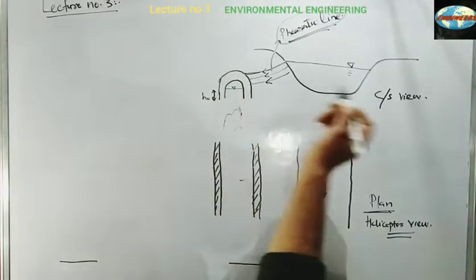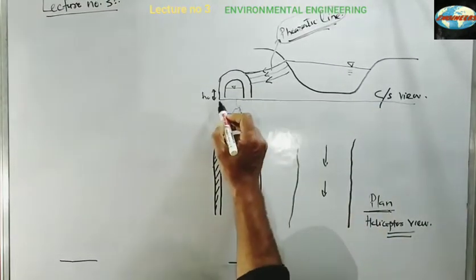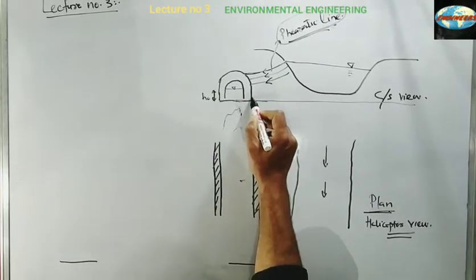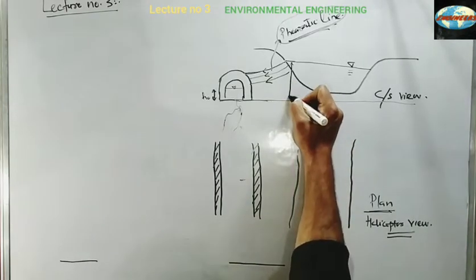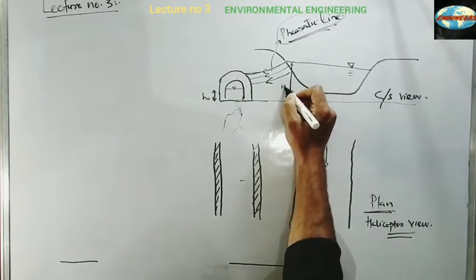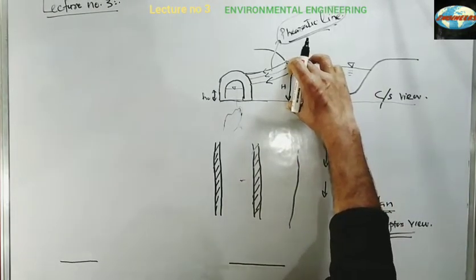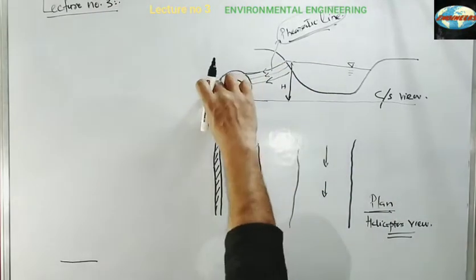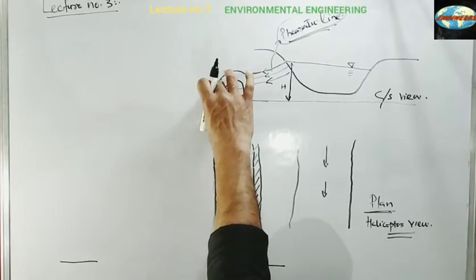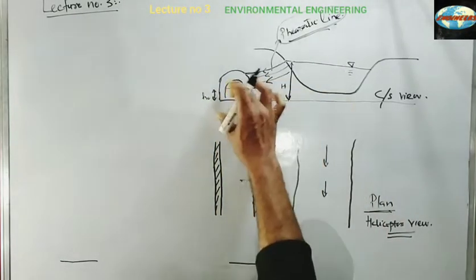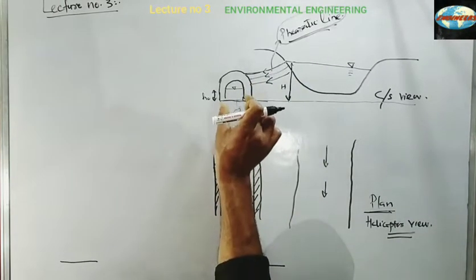If I draw a line from the base of my infiltration gallery, let the height of the top water level in the river be capital H. Since seepage is occurring through this capital H, up to this small h naught, the important thing I want to discuss here is the quantity of the seepage, or the yield that we are collecting in our infiltration gallery.